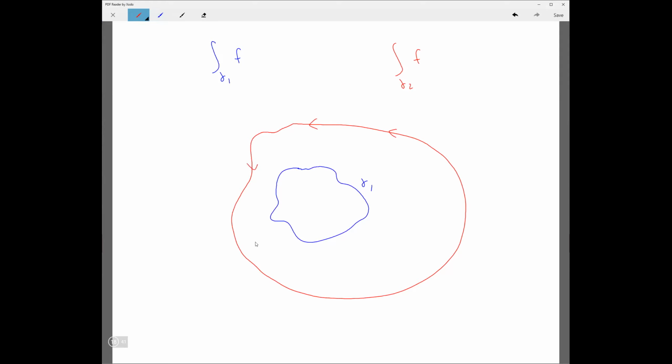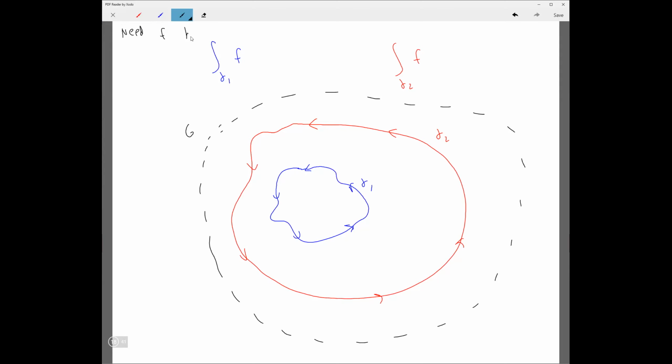And both of these, we'll give them the positive orientation. Okay, and then G is some region that contains both of them. G is everything inside. It contains everything inside. Okay, and for this to work, you need f to be holomorphic.